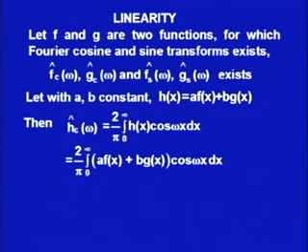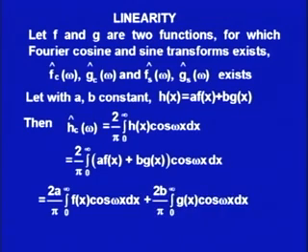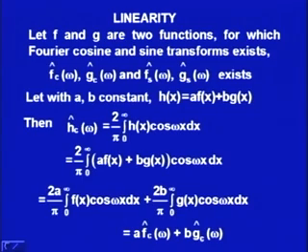Now, using the properties of definite integral, we can write this as two integrals: 2a upon pi integral 0 to infinity f(x) cos(omega x) dx plus 2b upon pi integral 0 to infinity g(x) cos(omega x) dx. The first one is nothing but the Fourier cosine transform of f(x) and the second one is the Fourier cosine transform of g. So, we have a times f_c hat(omega) plus b times g_c hat(omega).